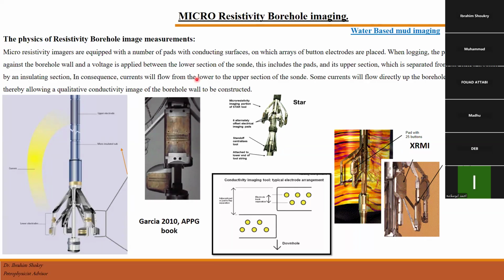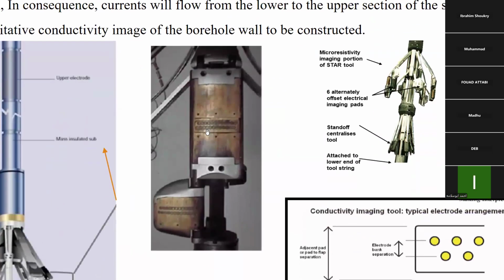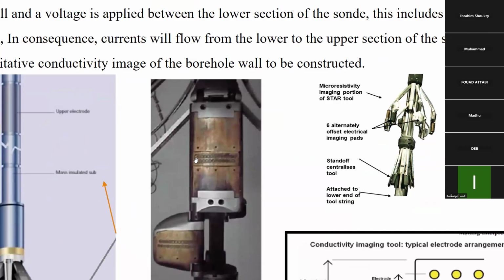The idea of this tool is that each tool has arms, and these arms have many electrodes. Those electrodes inject current, and this injected current is retrieved back on the same pad.